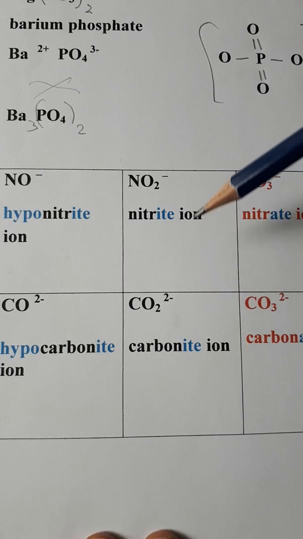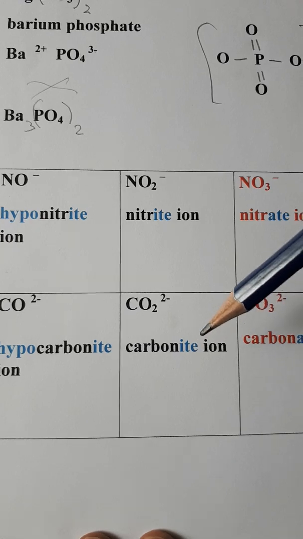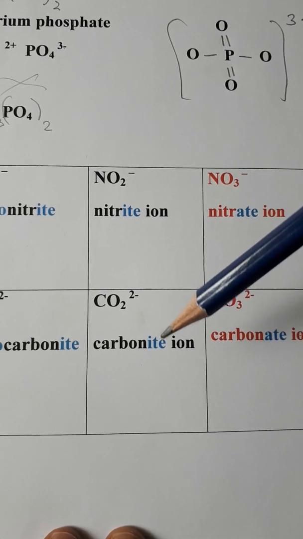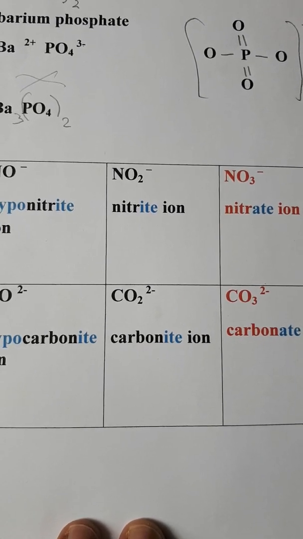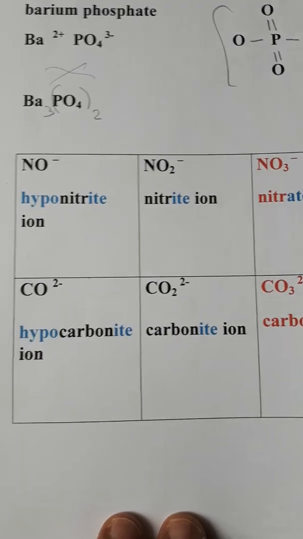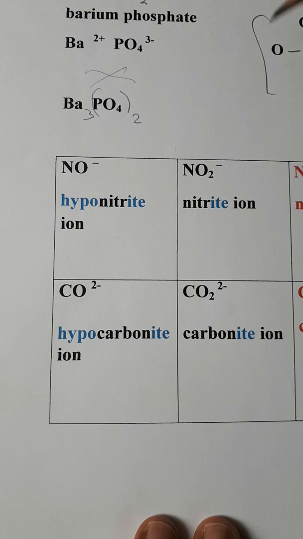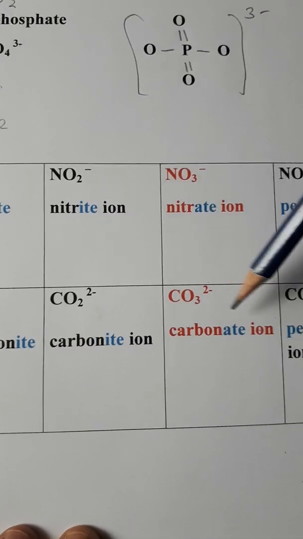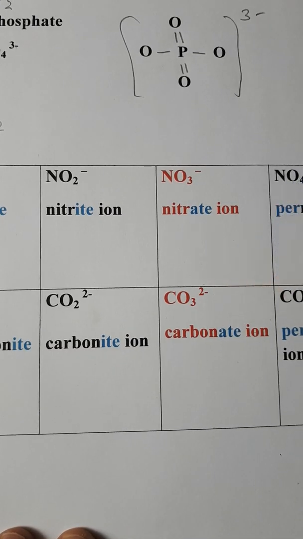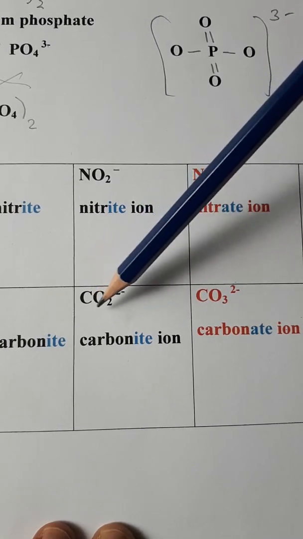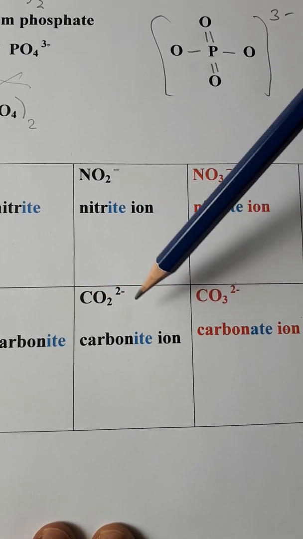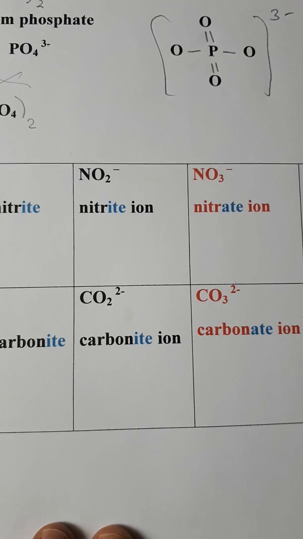Ate becomes ite, carbonite ion. Remove one more oxygen, it is hypocarbonite ion. And again, if carbonate is 2-, all the other three ions also have a charge of 2-.